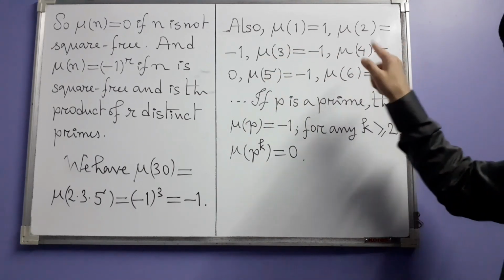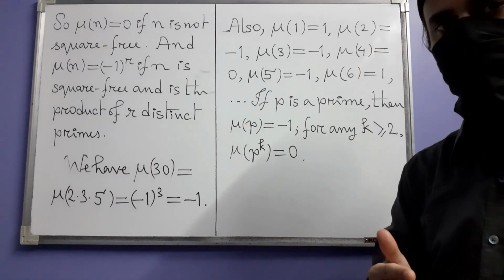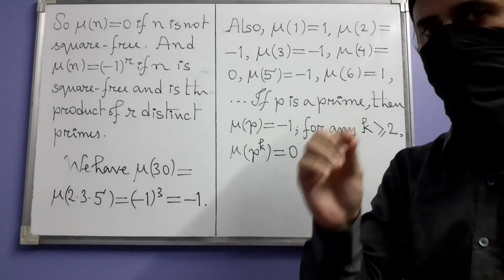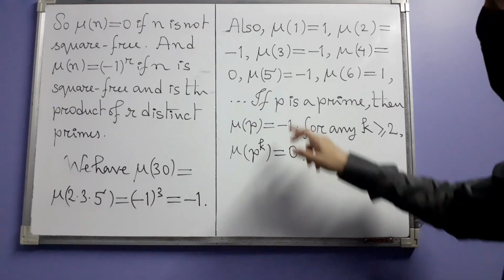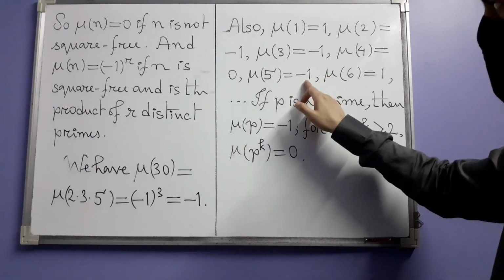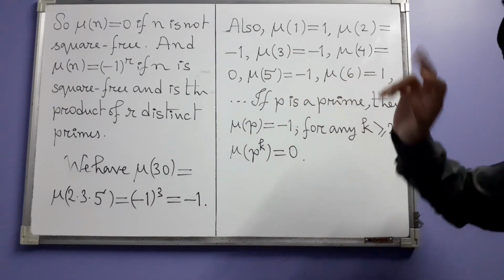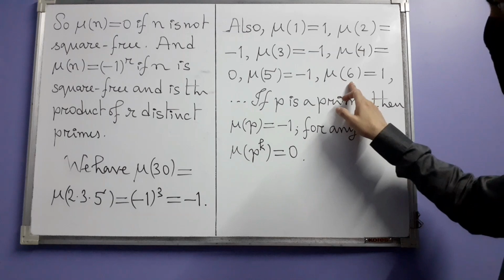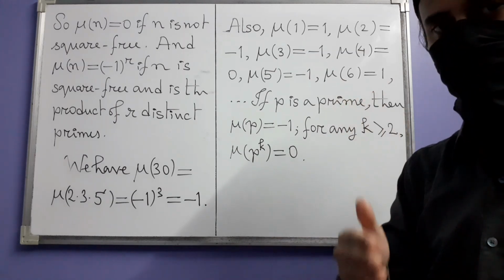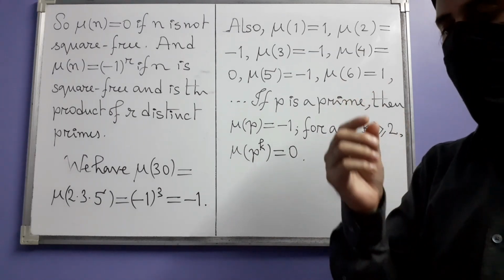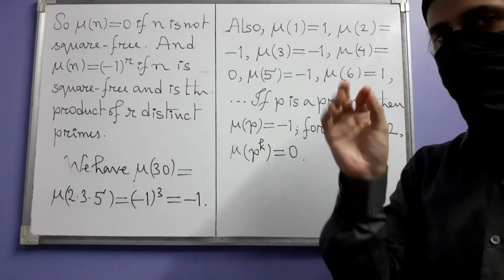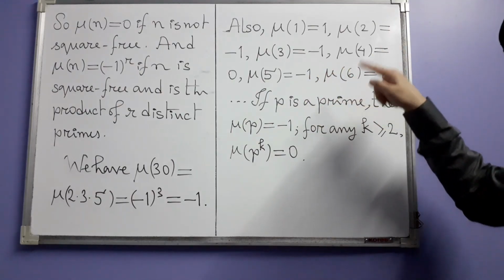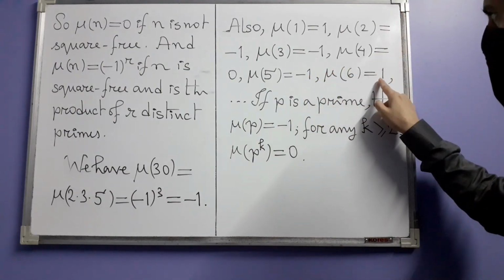Mu of 4, however, is 0 because 4 is divisible by the square of 2 and 2 is a prime. Mu of 5 similarly is minus 1. What about mu of 6? 6 is again a square free integer because it's 2 times 3, and in its factorization there are 2 primes, 2 and 3, so minus 1 to the power 2. That's why we are having 1.